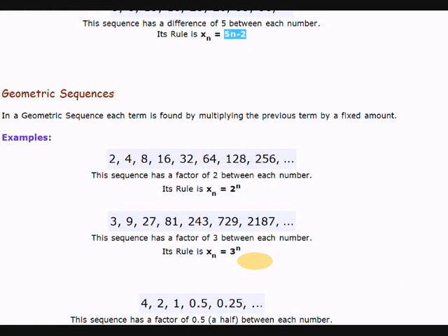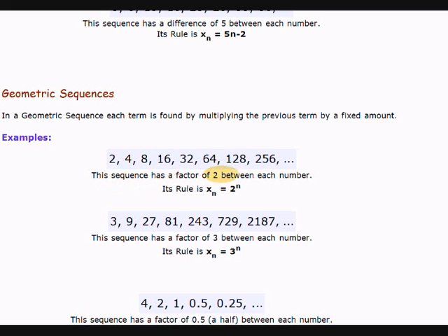If it is not a constant, what does it mean? See what a geometric sequence is. In a geometric sequence, each term is found by multiplying the previous term by a fixed amount. Here, for example, the sequence 2, 4, 8, 16, 32, 64, 128, 256.